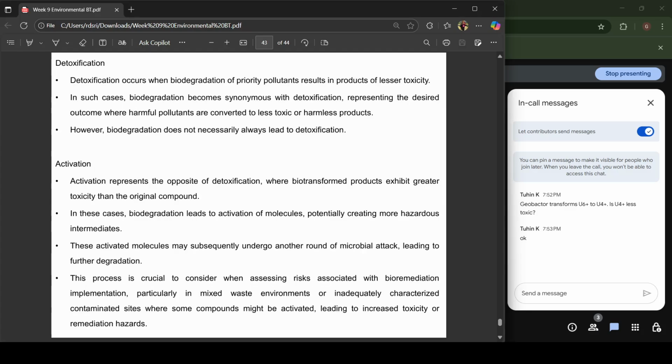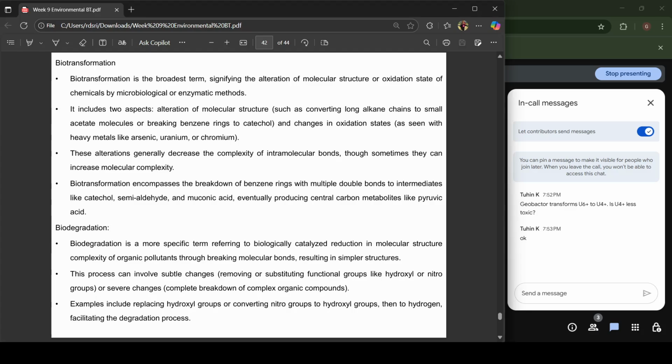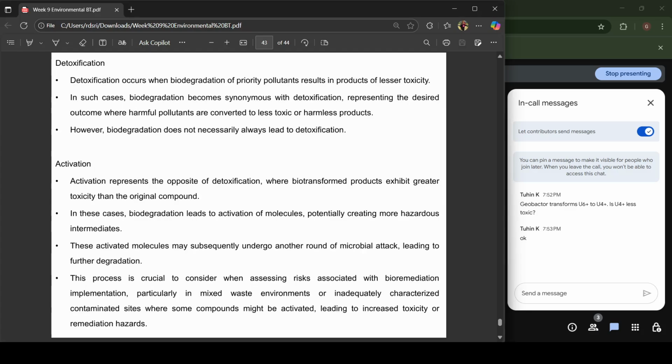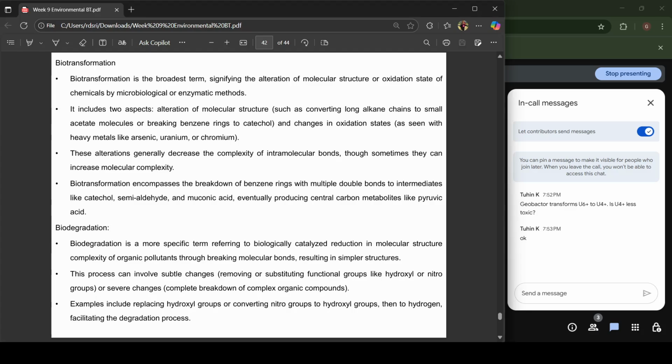And finally, we will see the key differences between biotransformation, degradation, detoxification, and activation. Either of these mechanisms can be used in bioremediation. Biotransformation is an umbrella term, or a broad term. It means that there is some alteration of molecular structure or oxidation state of a chemical, and when that happens, it is transformation.